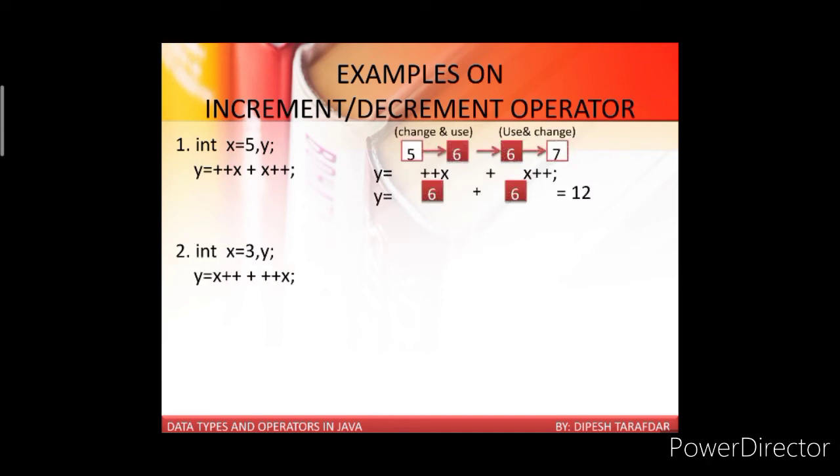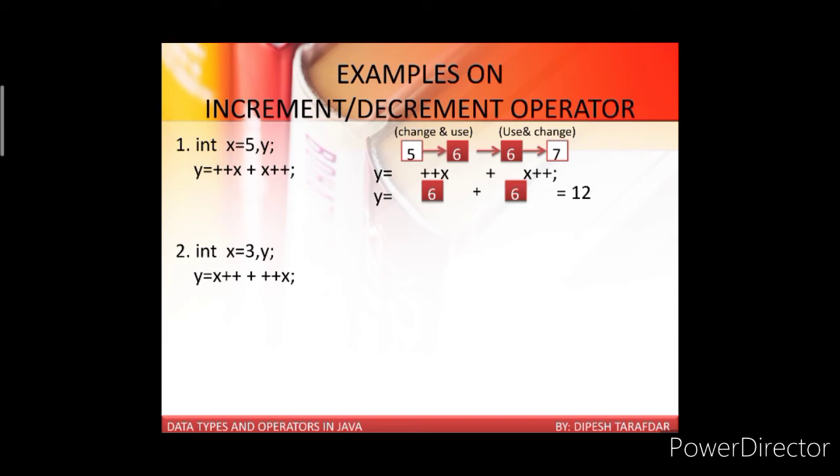The value of x is 5 will change to 6, and because it says change and use, the value 6 will be used in ++x. And for the next one, x++, 6 will change to 7, but because it says use and change, 6 again will be used, so 6 plus 6 will become 12.